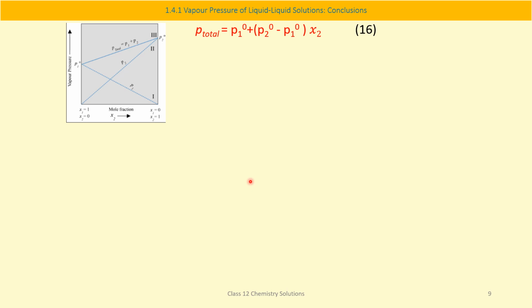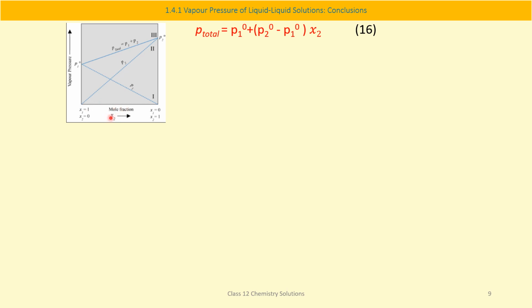Here, please see the ideal solution: x1 equal to 1 is on the left-hand side, and x2 equal to 0 on the extreme right-hand side. Similarly, for component 2, the mole fraction x2 equal to 0 is at the origin, and on the extreme right-hand end, x2 is equal to 1 on the x-axis.